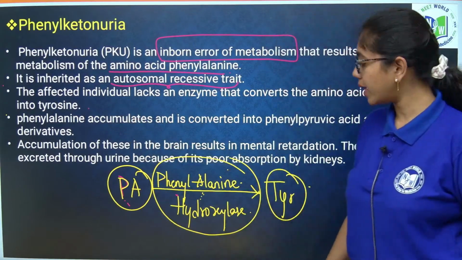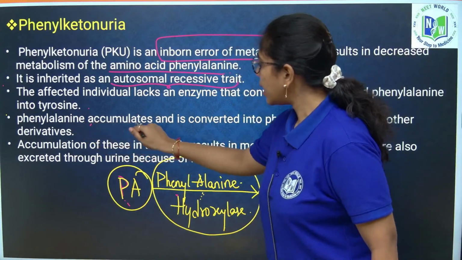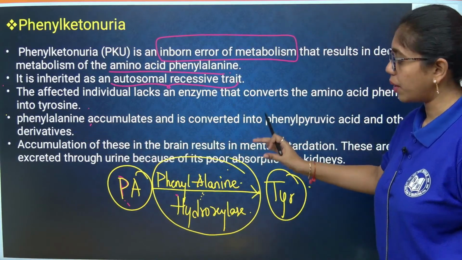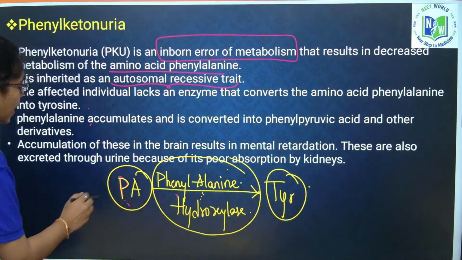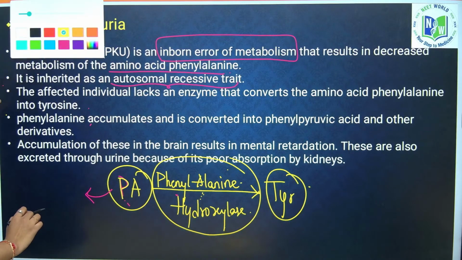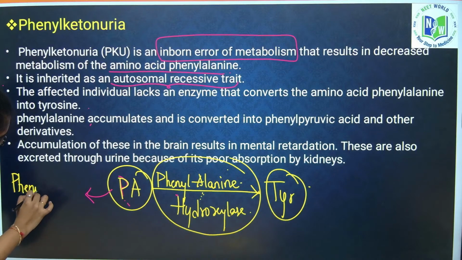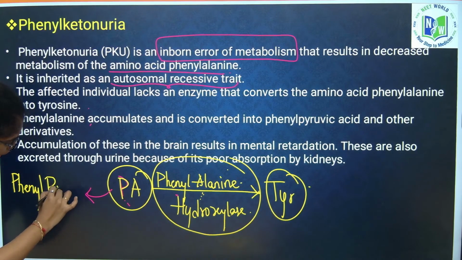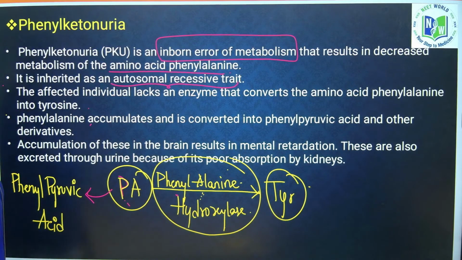What is the name of that enzyme? Phenylalanine hydroxylase. As phenylalanine is not converted to tyrosine, it is accumulated as phenylpyruvic acid and other derivatives.